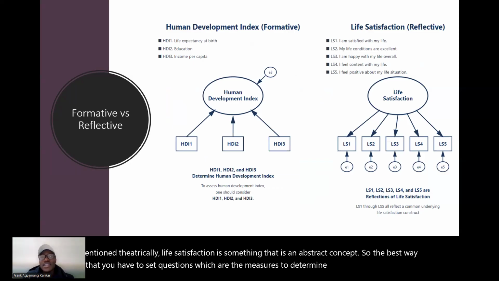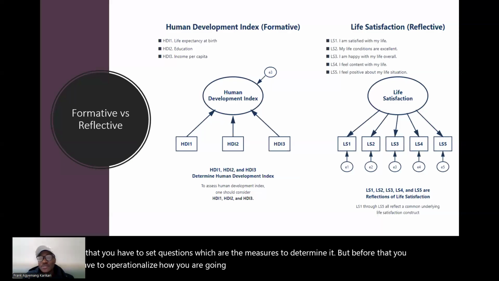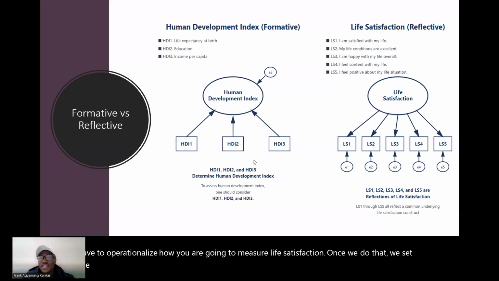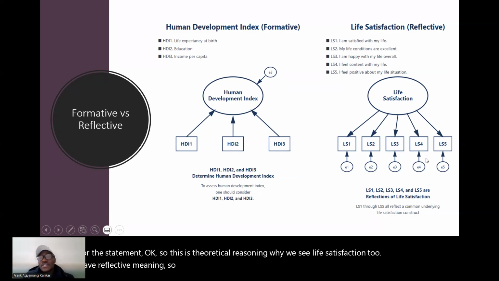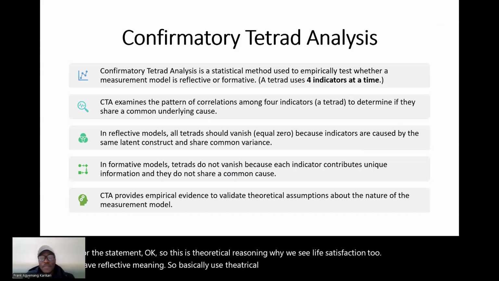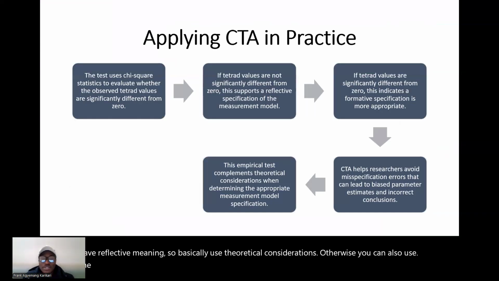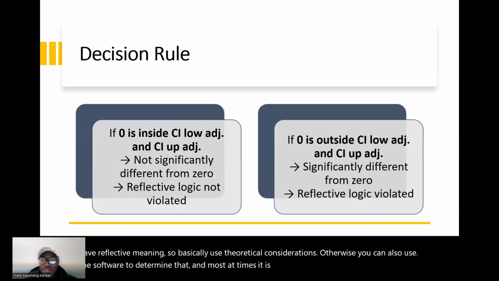But before that, you have to operationalize how you are going to measure life satisfaction. Once we do that, we set the measures, the statements. Okay, so this is the theoretical reasoning why we see life satisfaction as having reflective meaning. So basically, use theoretical considerations. Otherwise, you can also use the software to determine that. And most of the time, it is reflective that gives the outcome.